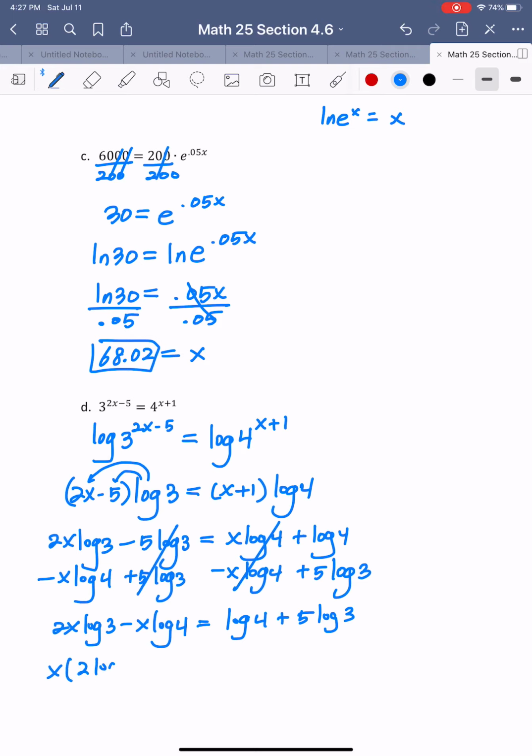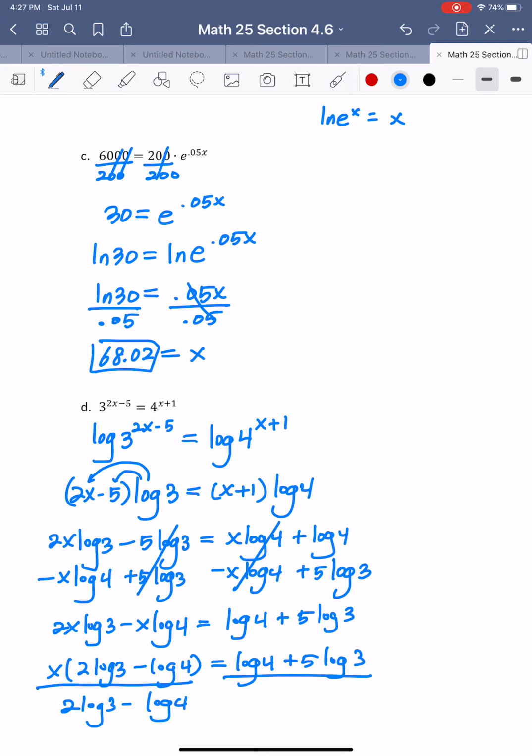So we got x times 2 log of 3 minus log of 4 equals log of 4 plus 5 log of 3. And then we divide by 2 log of 3 minus log of 4 on both sides. Then we just use a calculator, making sure you put it in parentheses: parentheses of log of 4 plus 5 log of 3, divided by parentheses 2 log of 3 minus log of 4.